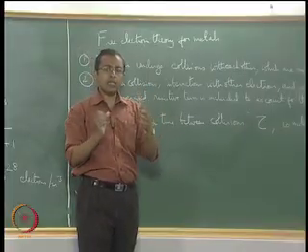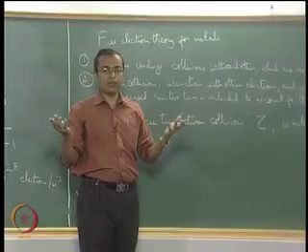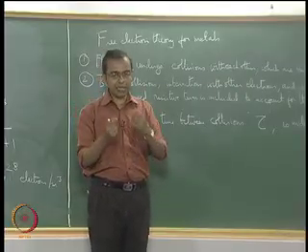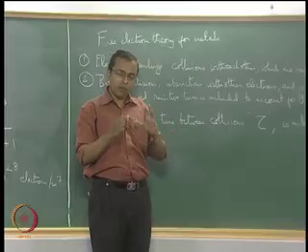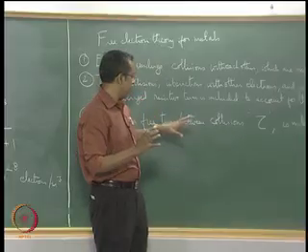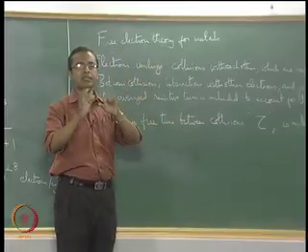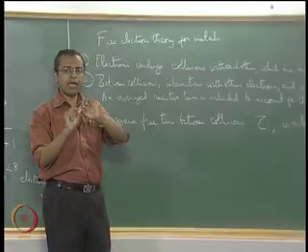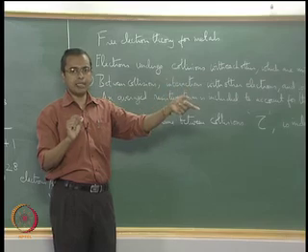Since there are so many electrons within a solid, we cannot actually individually note down the numbers for every single electron. So what we do is there is something called the mean free time. On average, this is the time that an electron travels between two collisions. It will have a collision, and on average it will travel this time before it has the next collision.